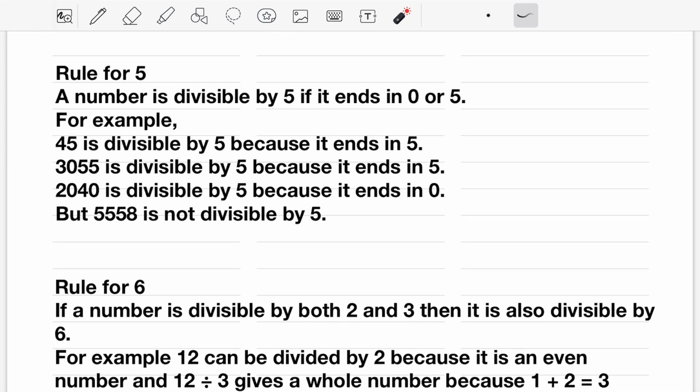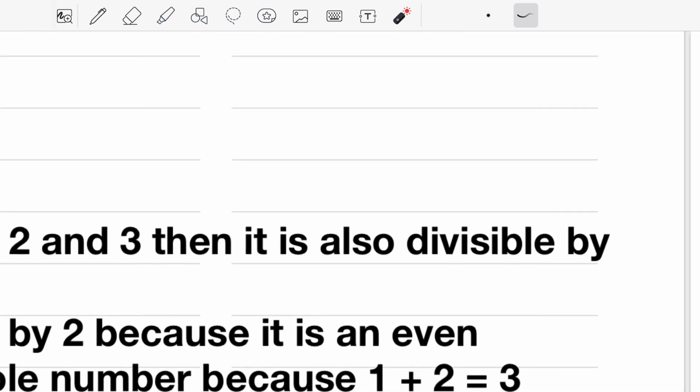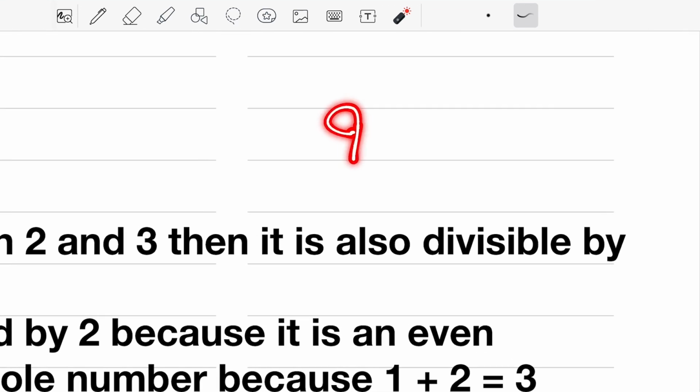And the divisibility rule for 6. If a number is divisible by both 2 and 3, then it is also divisible by 6. So this should be easy because we should know our 2 and 3 times table. So let's take a look at a number. Let's take a look at 96. Is 96 divisible by 2?